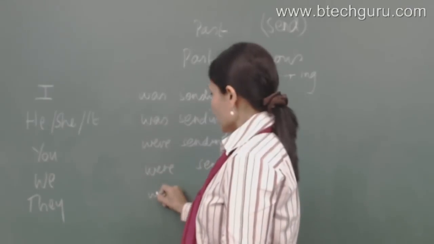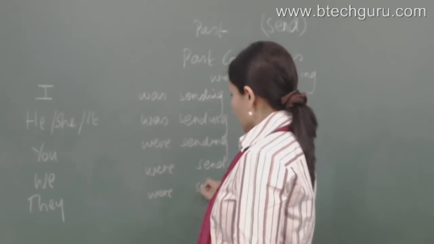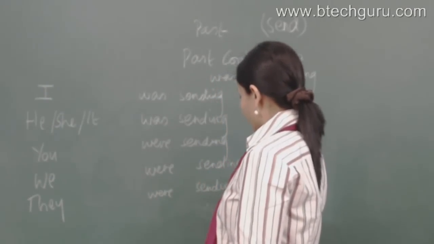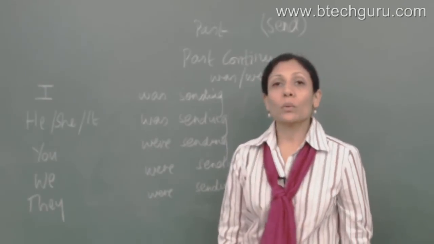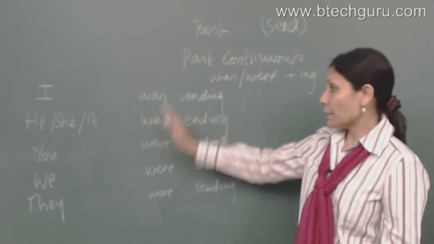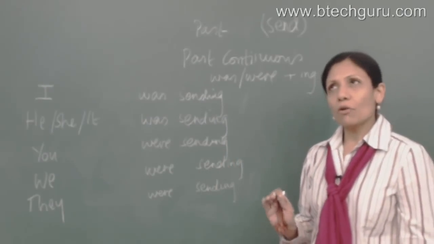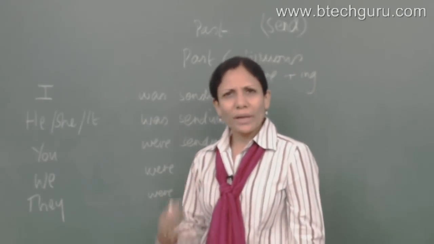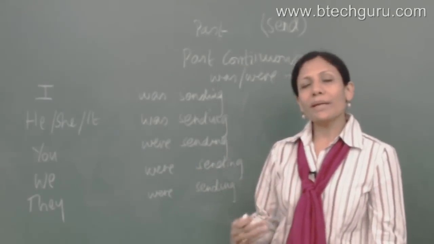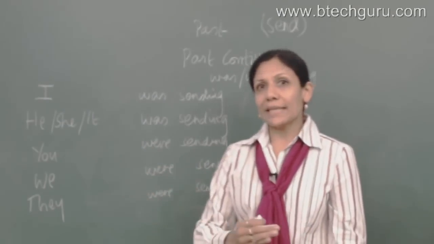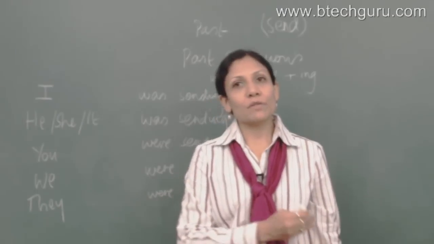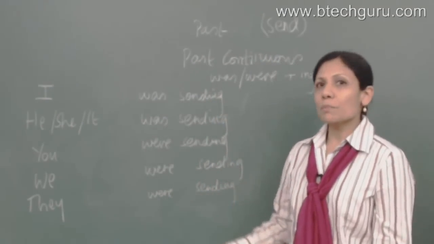And they were sending. So this is how we will use past continuous, the past tense of the be verb and the ing. Now very often you may be worrying where to use past continuous. So when an action is happening continuously for a long period of time, we can definitely use past continuous.